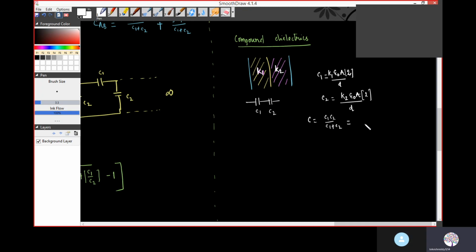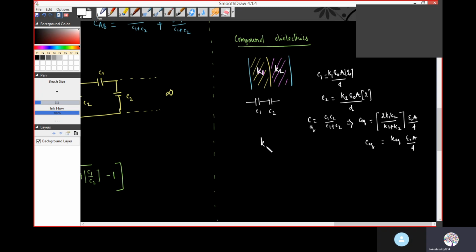If you simplify this, you will get C equivalent is equal to 2 K1 K2 by K1 plus K2, into epsilon naught A by D. This is K equivalent into epsilon naught A by D, which is equal to C equivalent.